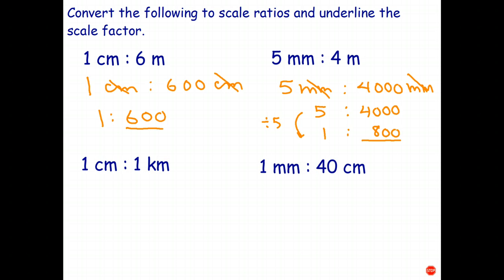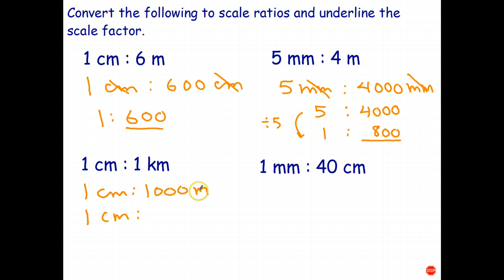Okay, 1 centimeter to 1 kilometer. This is actually quite easy because of the ones in there. So 1 centimeter, and we've got to convert kilometers to centimeters. So the first thing we do is we multiply by 1,000, and that gives us 1 centimeter to 1,000 meters. And then we have to do it a second time.